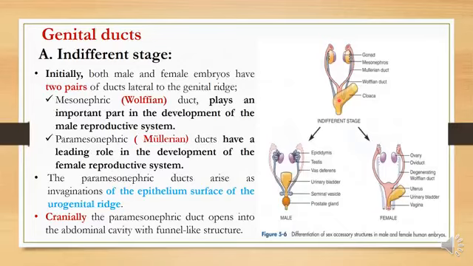Cranially, the paramesonephric duct opens into the abdominal cavity with funnel-like structures.